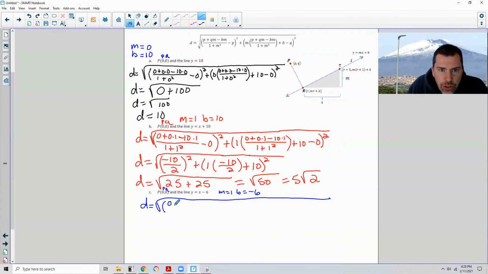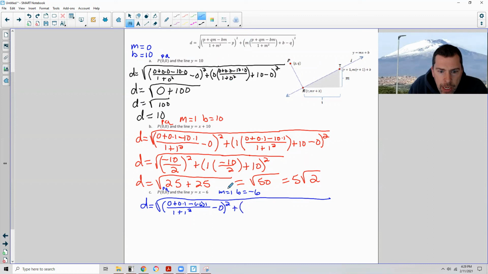So here we go. 0 plus Q times M minus B, -6 times M, over 1 plus M squared, minus P all squared. So that's just this piece here, plus parentheses.